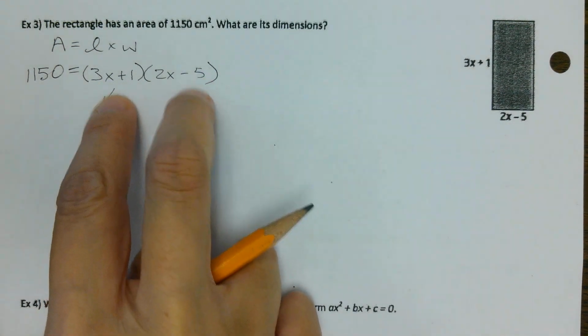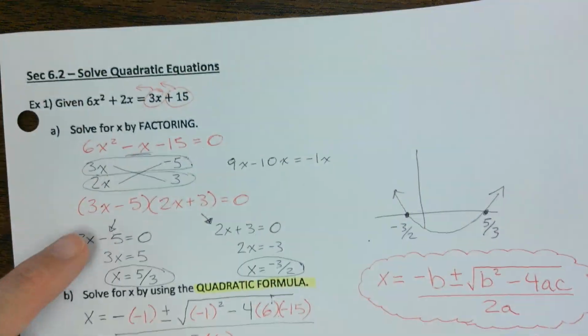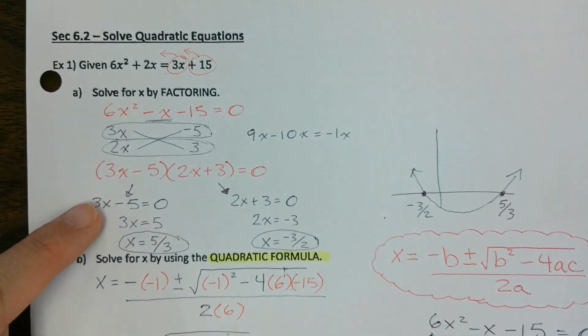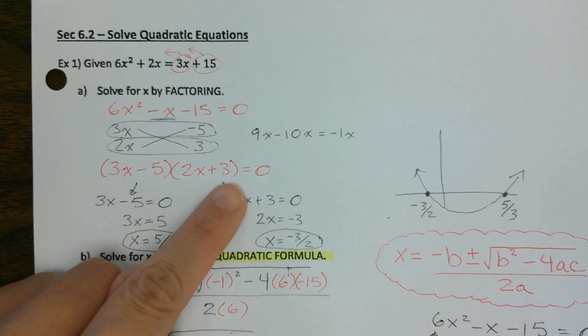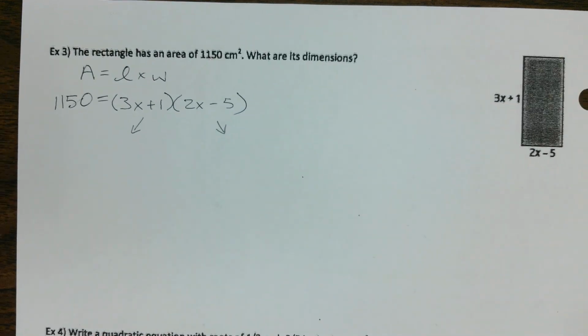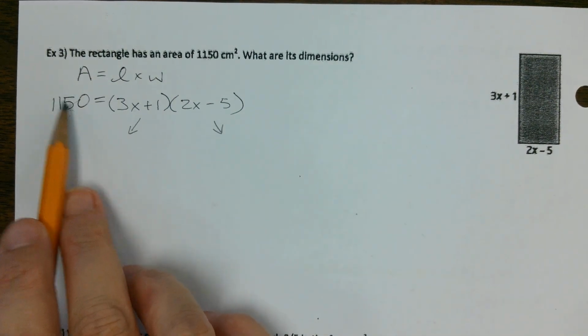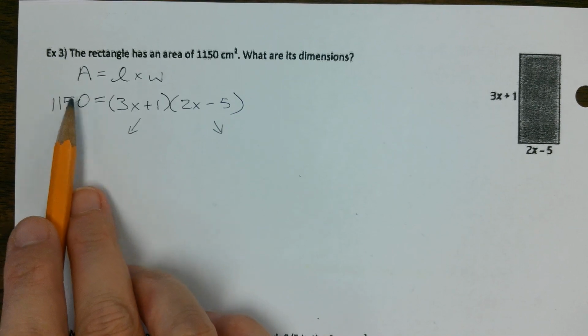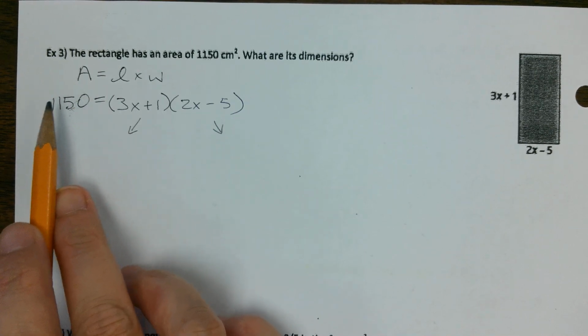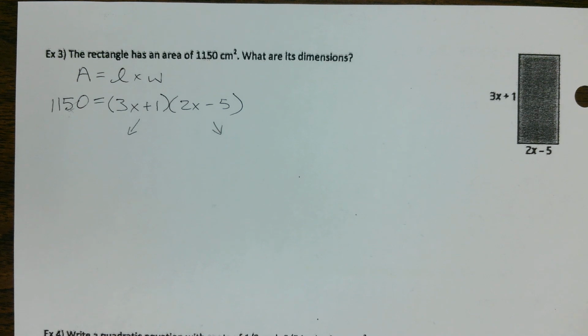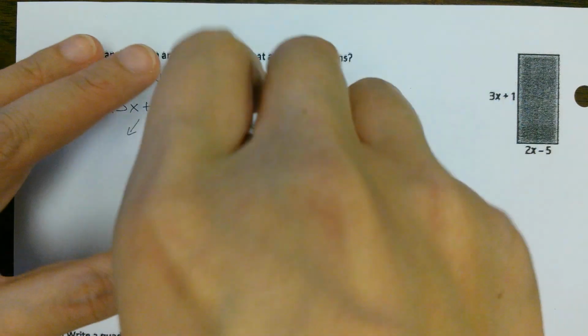Compare this to what we did right here. What's the difference? Why this one, I can do my 2 arrows and solve for x, but this one I cannot. Yeah. It doesn't equal 0. It equals 1150. So I cannot. I've seen it so many times on the test where people just went straight to the factoring. So I can't.